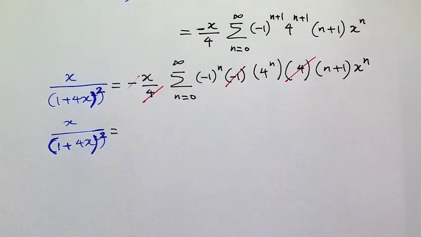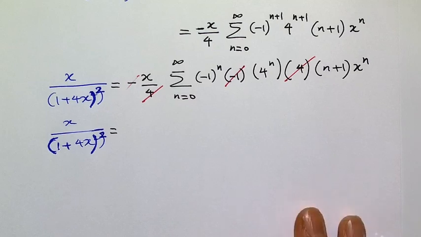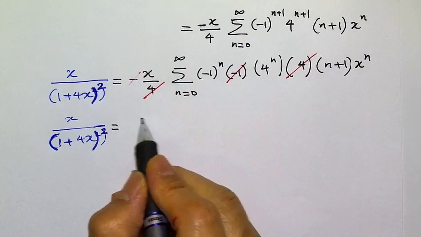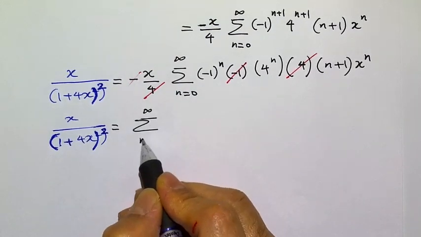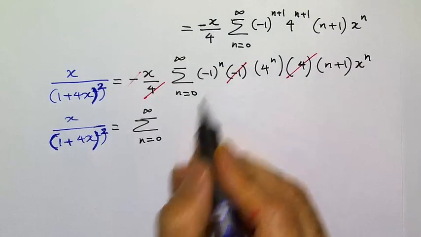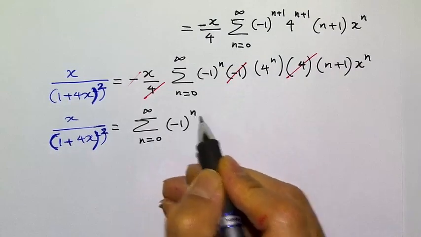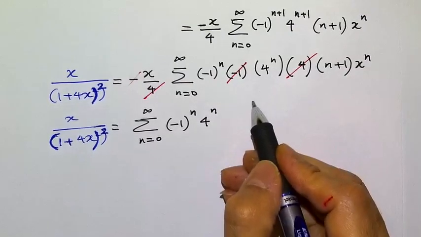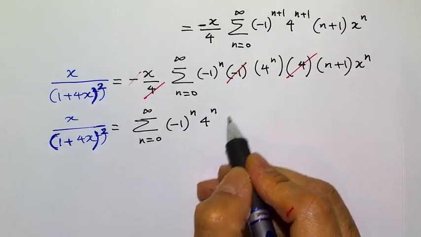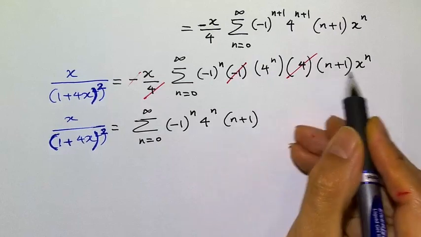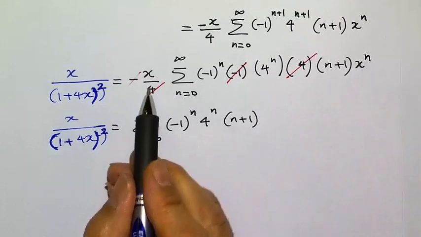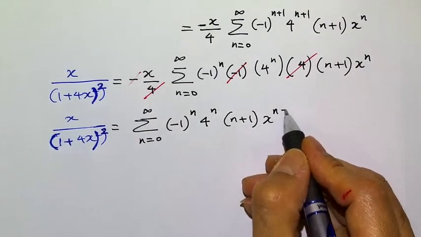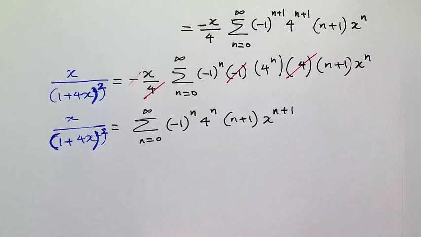So let's rewrite this. We have minus 1 to the n power, 4 to the n power, that doesn't go anywhere, and then times n plus 1 stays, but this x to the n and this x give us x to the n plus 1 power.